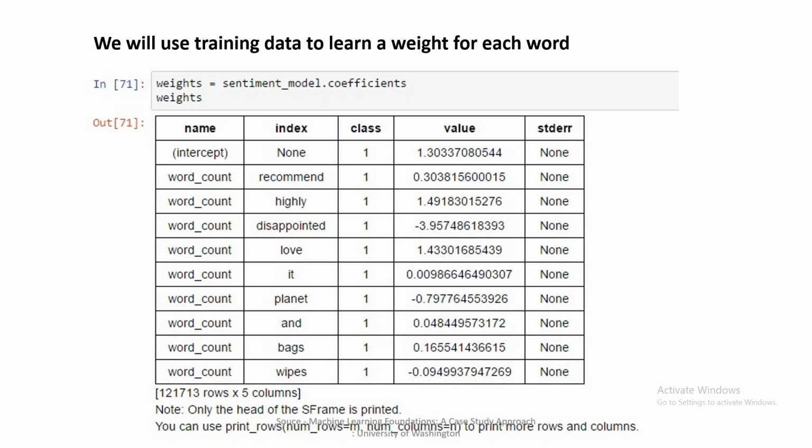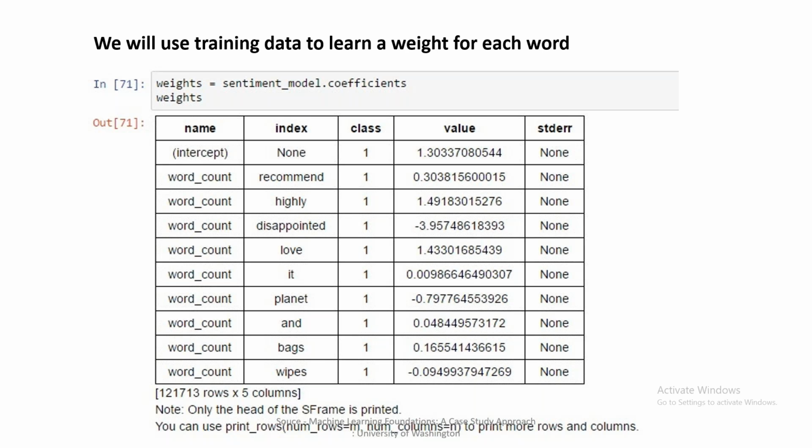We try to create a function between the independent variable, my sentence, and the dependent variable, my +1 and -1. By mapping those x and y, we create a function so that if I get a new sentence in future and push it into the model, it can predict which class it belongs to, positive or negative.